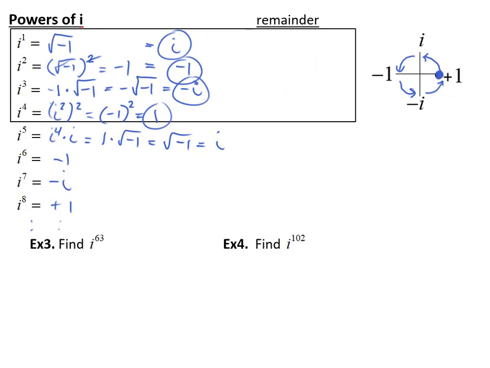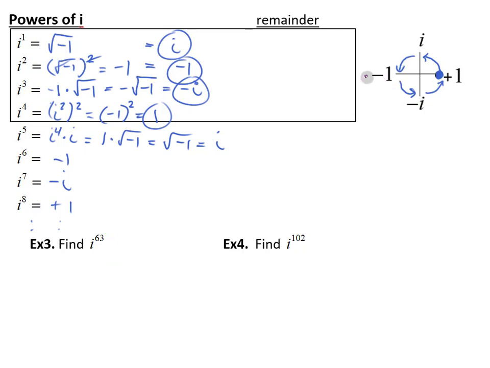So how can we use that to answer questions like these? How do I find these large powers of i? Well, if I wanted to do i to the 63rd, I don't want to count around this 1, 2, 3, 4, 5, 6, 7, 8, until I get to 63. That's bordering child abuse there.